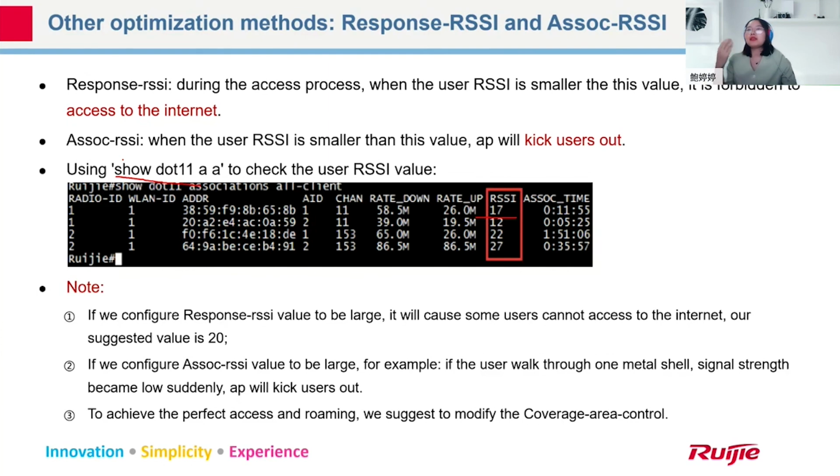So that's why we say in our network, except the per-user speed limitation and some user isolation, for some of the other values we suggest to directly change the power local or maybe the coverage area control, because when we change these two parameters, all the other values will be changed at the same time. So it is better to do the optimization based on the device as a whole, not about one parameter.